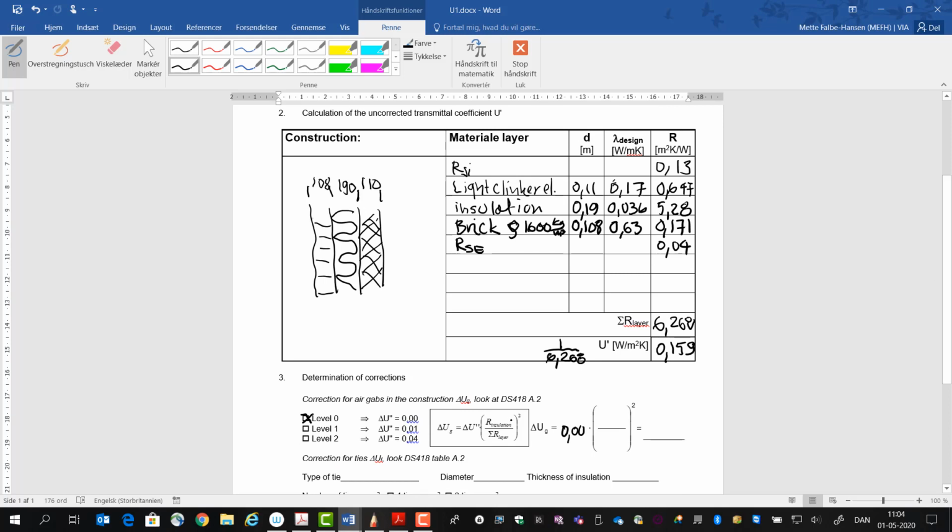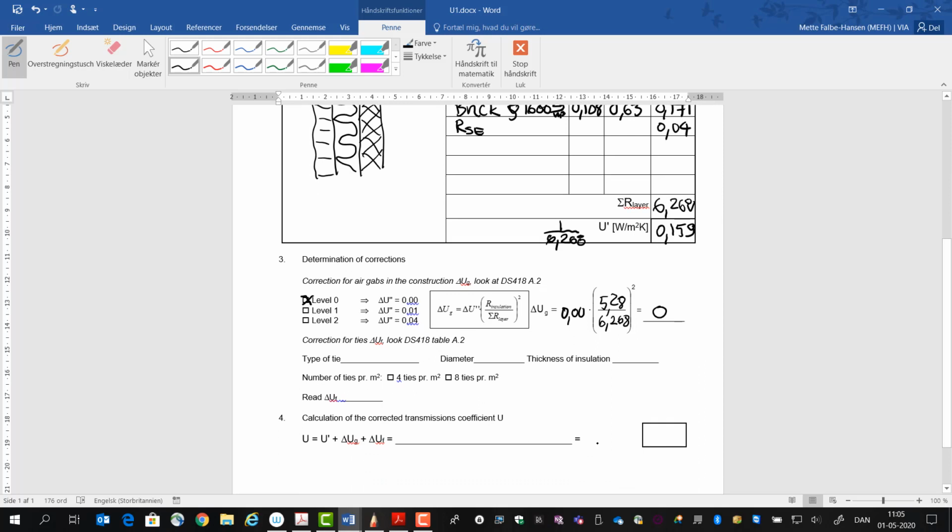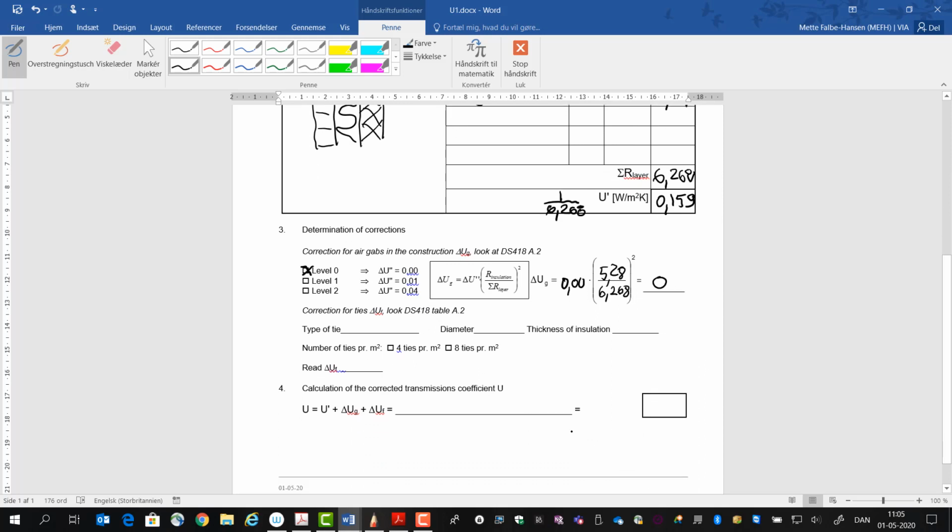So we have R insulation, that's 5.28. And then we have the total R value, that is 6.268. And that, of course, we give 0 because it's multiplied with 0. And then we have the wall ties, and that's also given in the assignment.